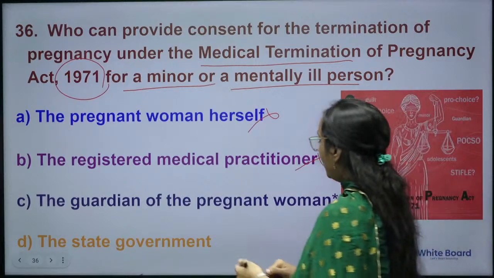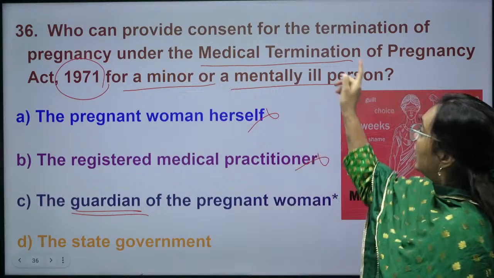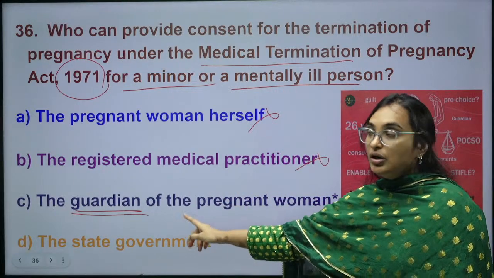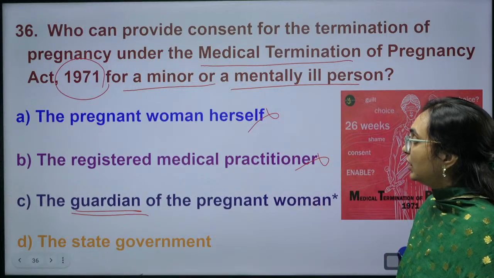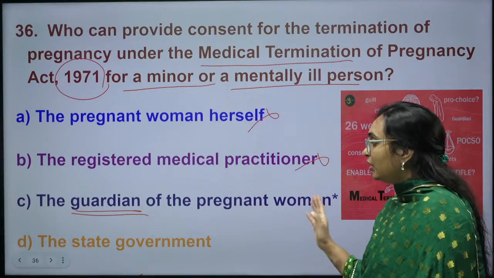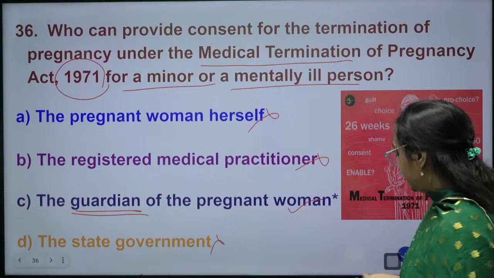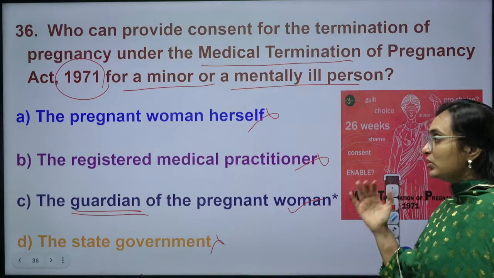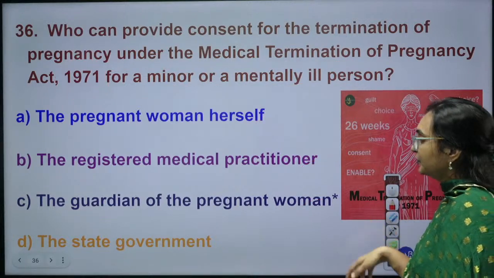There should be a guardian. Only the guardian should provide the consent for the termination of the pregnancy under the MTP Act. It is not the state government. The guardian is the one who takes care of that minor or mentally ill person. Next question.